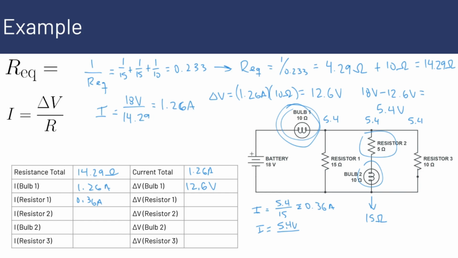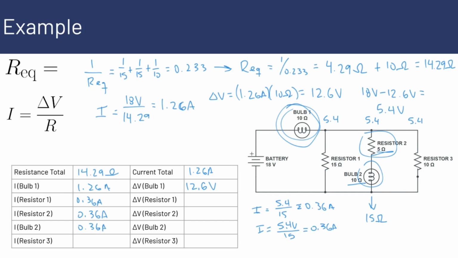We have resistor 2 with 5 ohms and resistor 3, the second bulb, with 10 ohms. So add those together and you have 15 ohms. And so we have a combined current for the second branch of 0.36 amps. So resistor 2 has 0.36 amps, and bulb 2 has 0.36 amps.